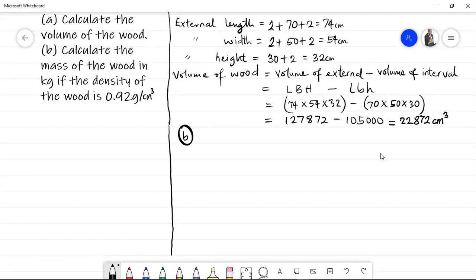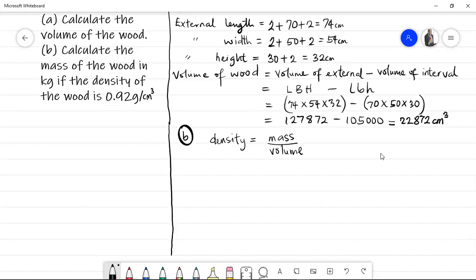We should recall very quickly that density is equal to mass over volume. That's the formula for density. Density equals mass over volume.